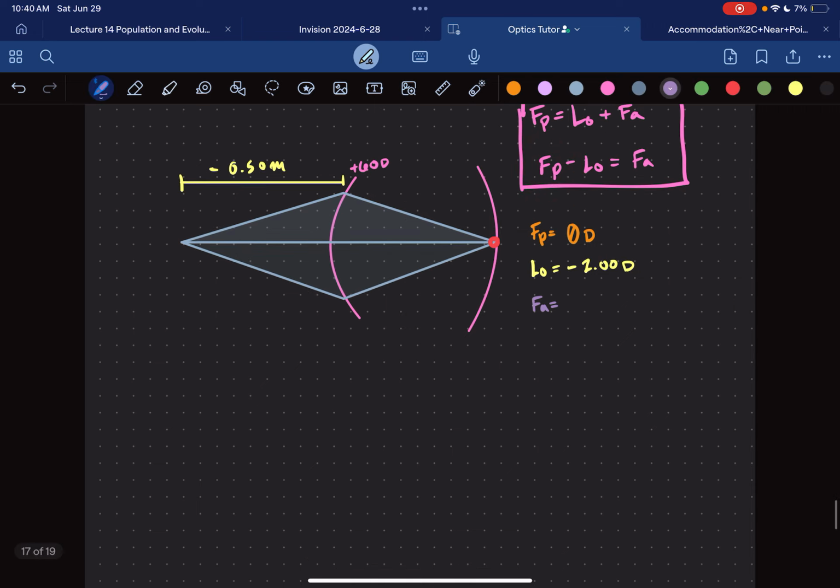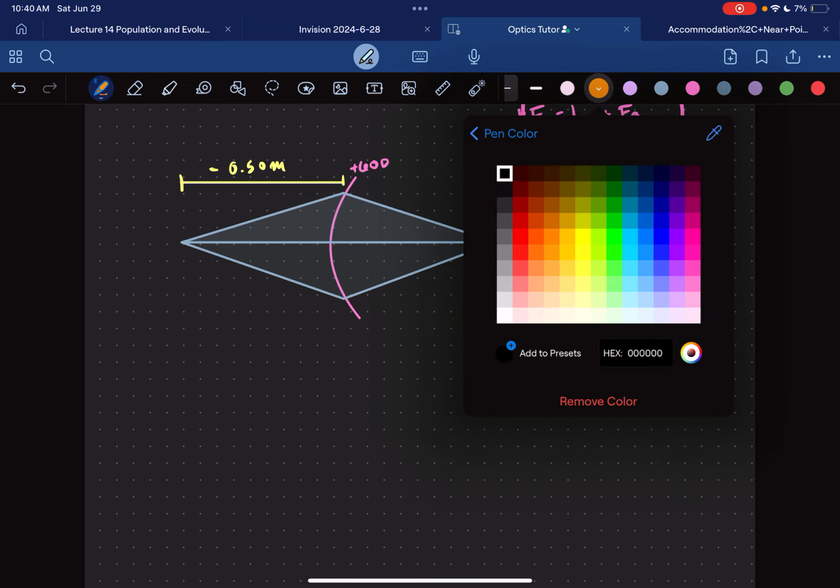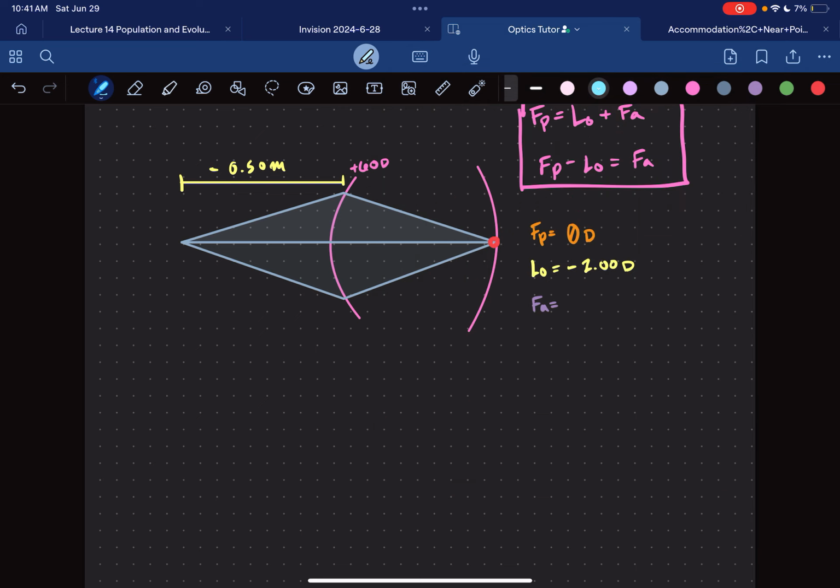So let's do that here. We'll take the far point divergence, which is 0, minus a negative 2, which is the object divergence, and that's going to equal our accommodation.